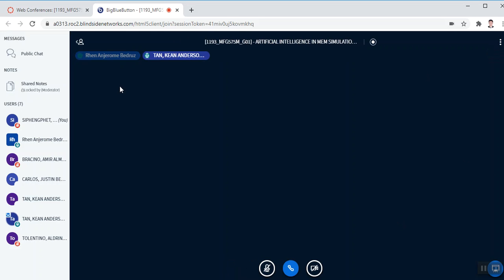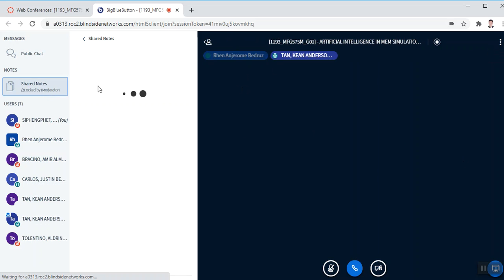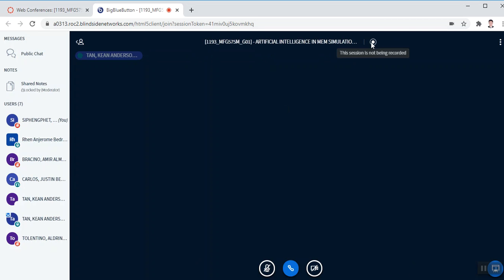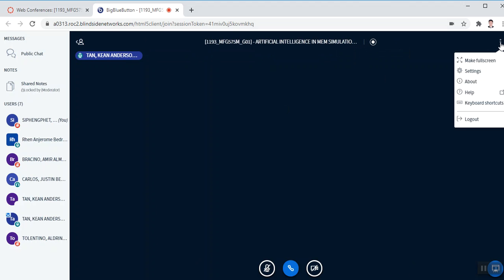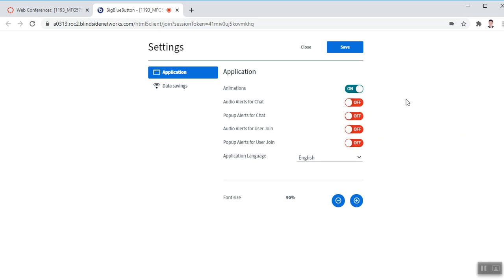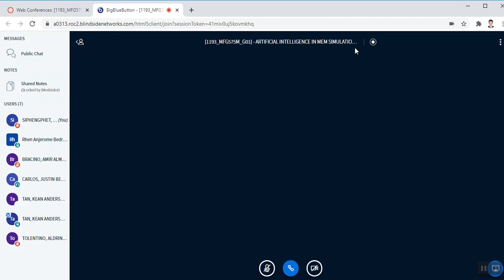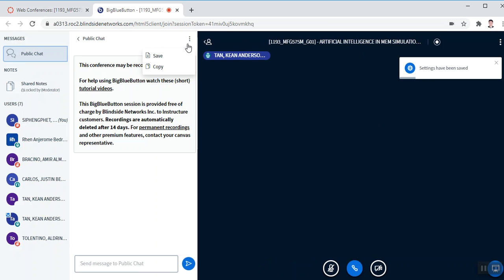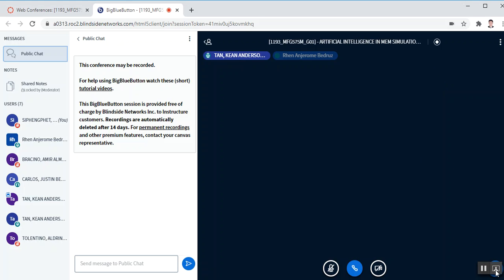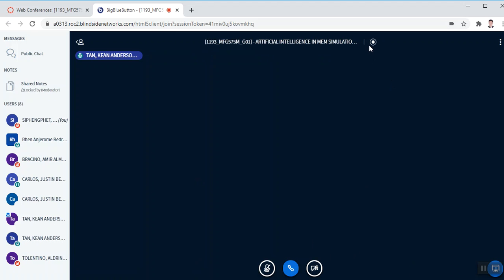We can't see it yet. Screen sharing is found below.